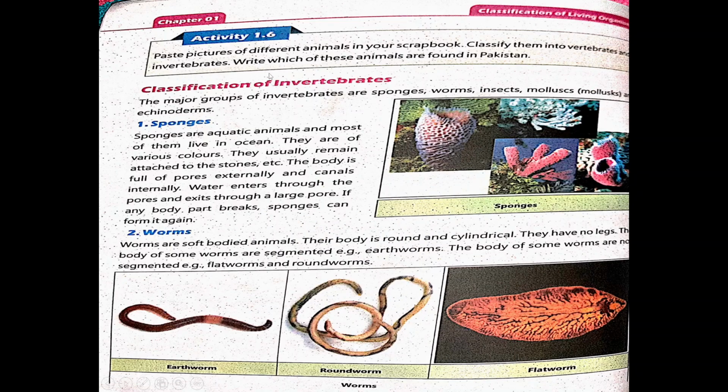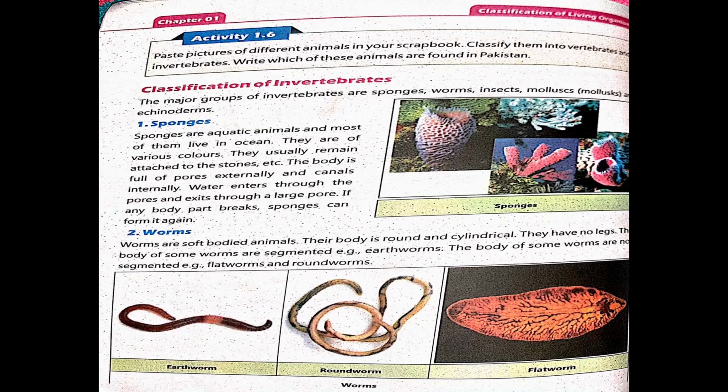Classification of invertebrates. The major groups of invertebrates are sponges, worms, insects, mollusks, and echinoderms. Sponges. Sponges are aquatic animals and most of them live in ocean. They are of various colors.